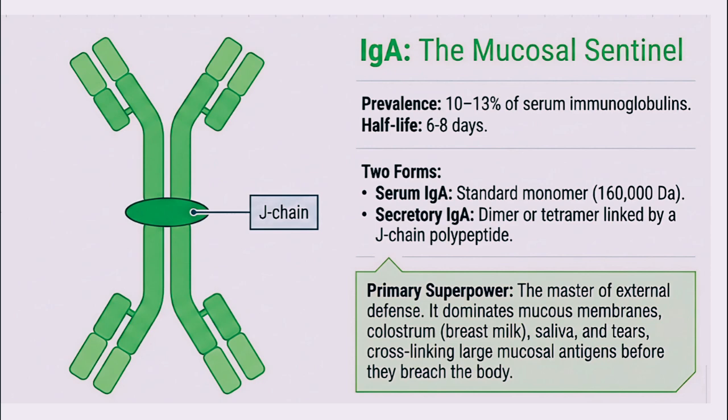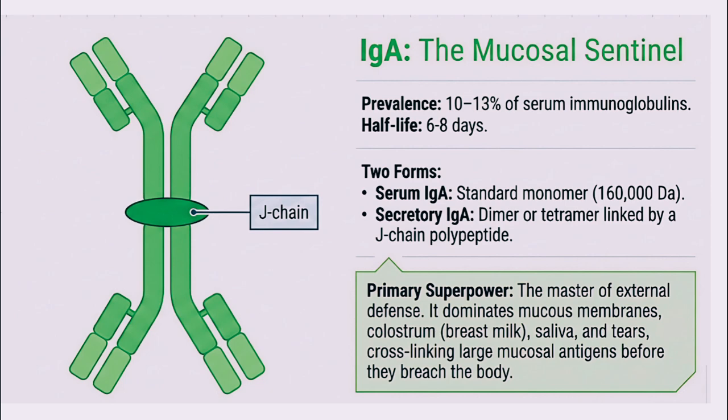So next we will be considering IgA. IgA is also called the mucosal sentinel. Why is it considered the mucosal sentinel? Because it is considered the master of external defense. In terms of prevalence, it is around 10 to 13% of serum immunoglobulins.